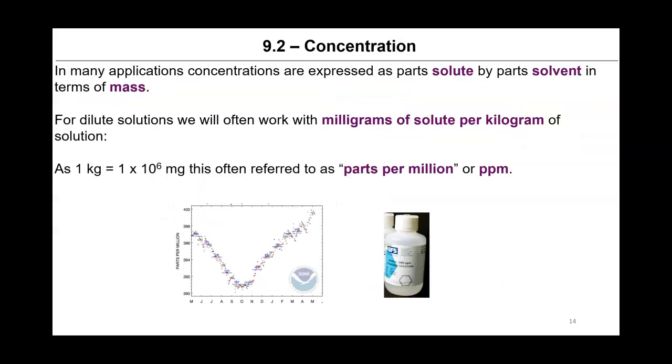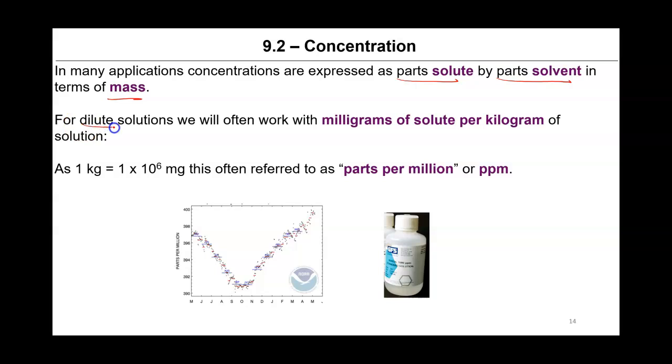Okay. So while molarity is a very common measure of concentration in the chemistry lab, sometimes it's too concentrated to be practical. So in many applications, in particular in healthcare and in environmental science, it's better to express concentration in units of what we call parts of solute by parts of solvent in terms of mass.